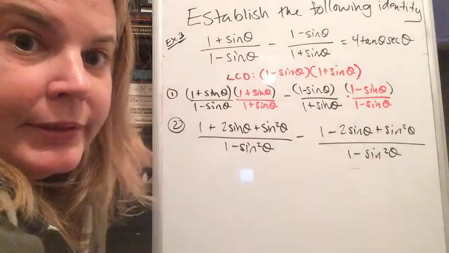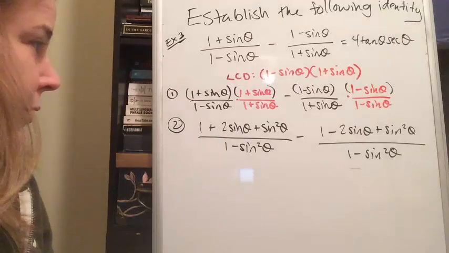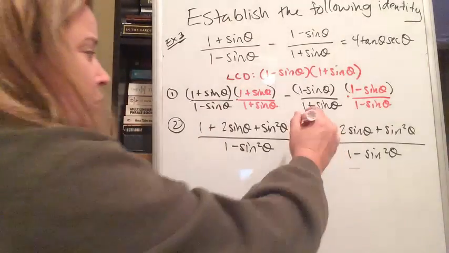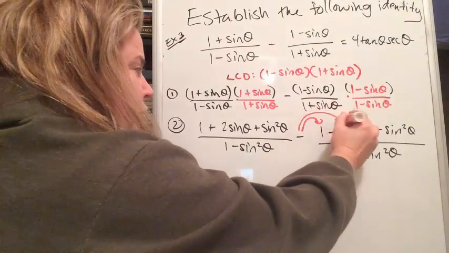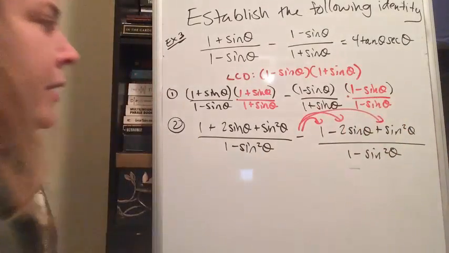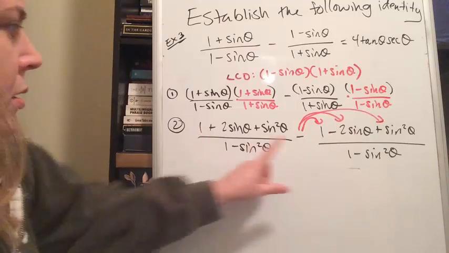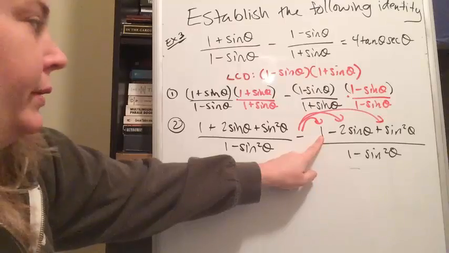So they have a common denominator, which we can add together. But be careful, they're being subtracted. So I'm actually going to distribute the negative sign and add these together. So it'll be 1 minus 1, so the 1's gone.